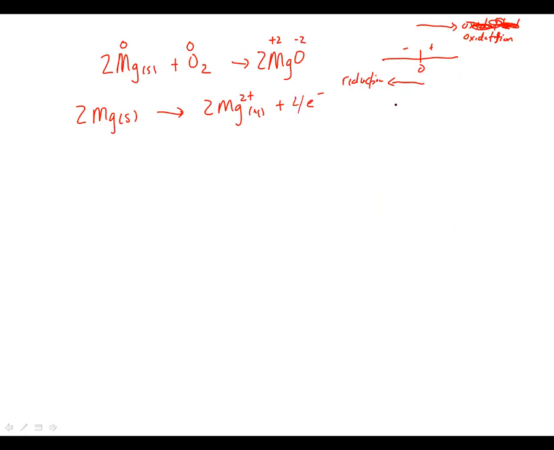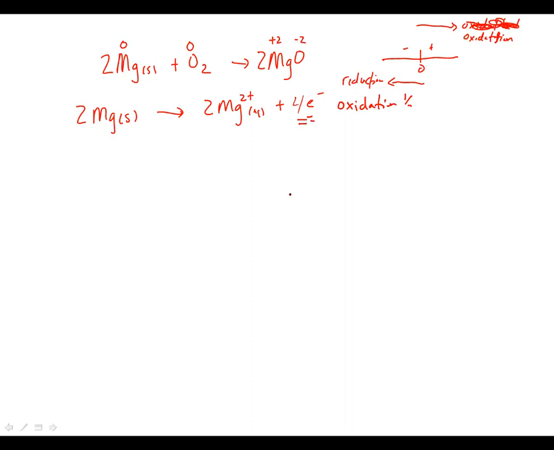Our 4 electrons, and that would be our oxidation half reaction. We can recognize that by the electrons on the product side.